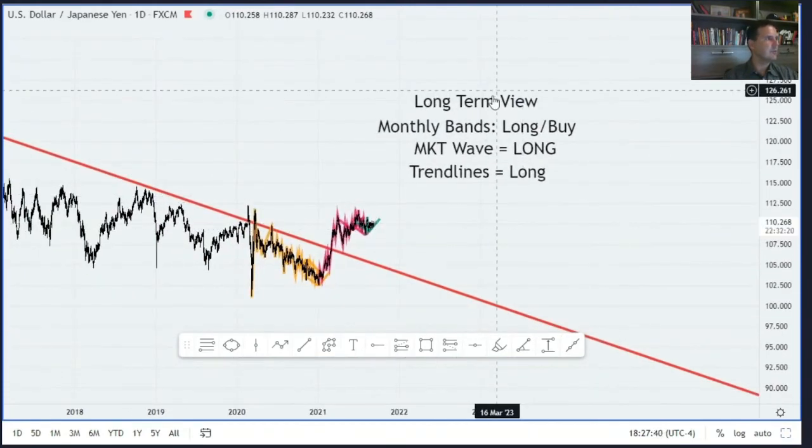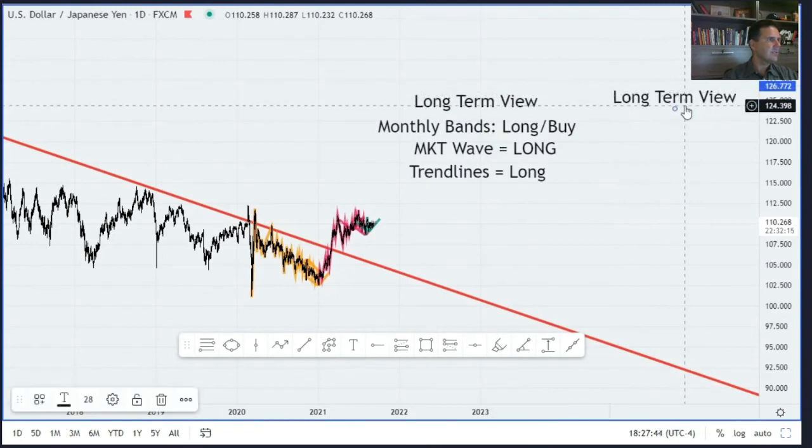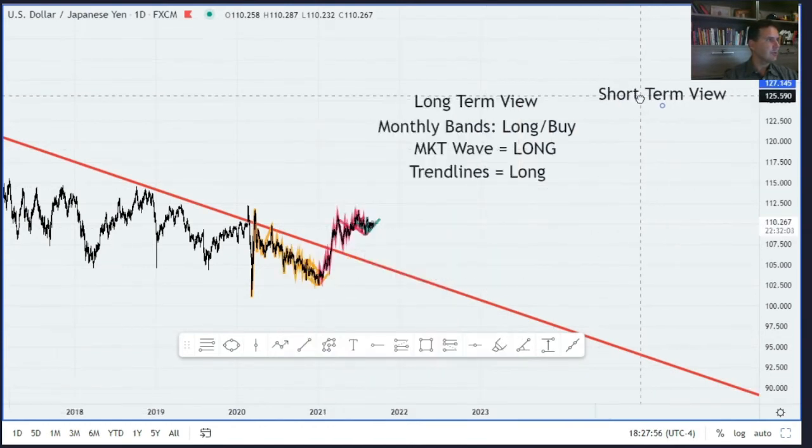So short-term view, right? So let's clone and double click here, and short-term view, okay.